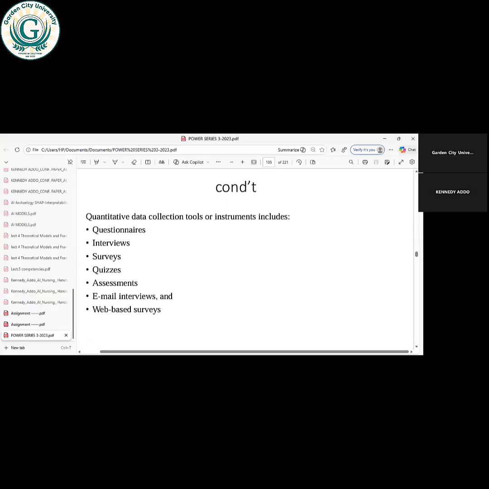I said that you should not be confused with the tools that we have already reviewed. If you are looking at quantitative data collection tools or instruments, inclusive of questionnaires, interviews, surveys, quizzes, assessments, all these are data collection tools. They are not the tools themselves. They are just meant for data collection or for the purpose of research.